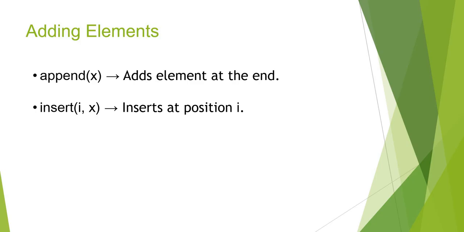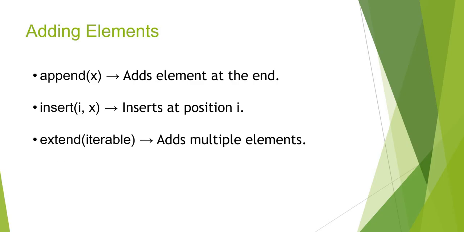The position can be 0, 1, 2, etc., whatever it is. And the element x holds the actual value of the element. So insert is a method to add elements inside the list. Extend is a method which takes one parameter which helps to add multiple elements to the list.